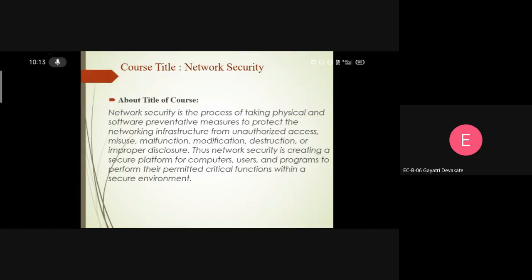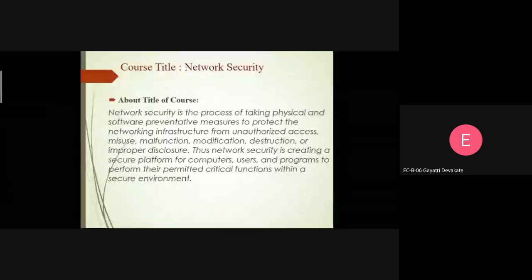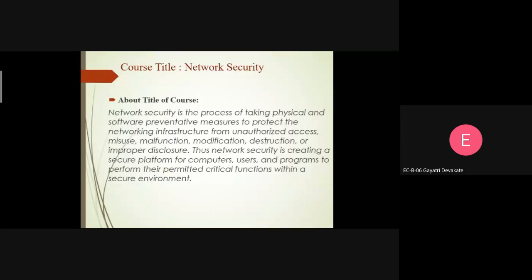So in this, what is the meaning of a network? Nowadays we use various types of data transfer devices. We use computers, we use mobile phones, right? When we use these devices, our device should be secure, right? Maybe it is a virus, or maybe someone hacks our things.